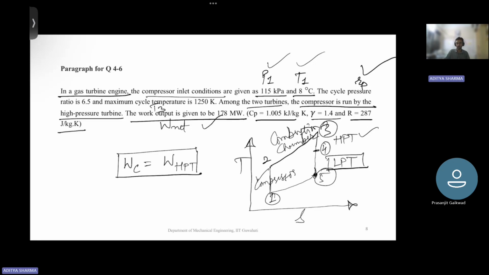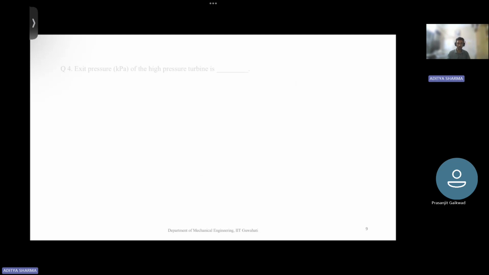I can explain that, or else we will move on to questions based on this paragraph. No doubt, Prasenjit? Okay. No doubt in that case.